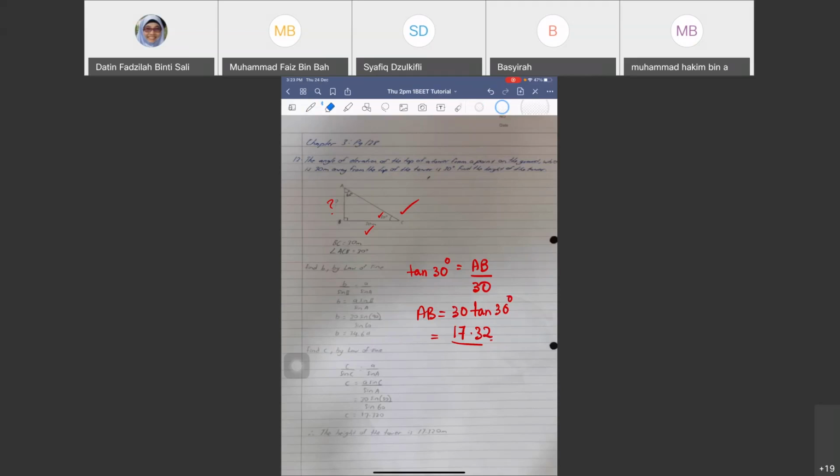Actually, when they say 30 meters from the top, it is not the 30 meters distance between the tower and the bottom. It is not from this to this. It's actually from the top to the ground. So that means this is 30 meters. Which means it's not tangent.